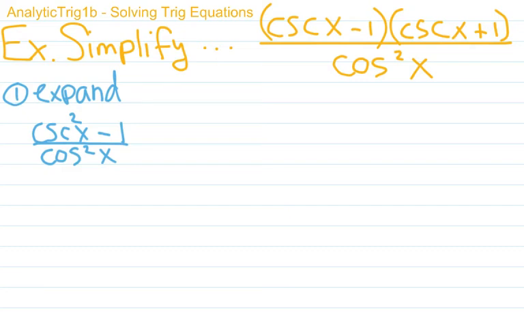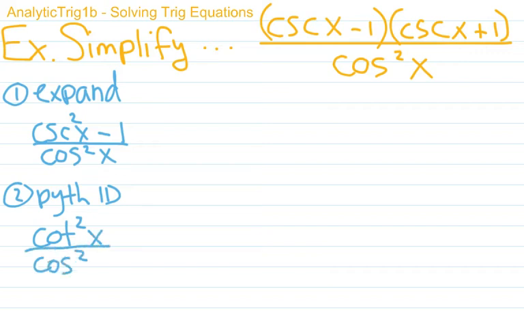So I subtract 1 from both sides, and I get cosecant squared theta, or x, minus 1 equals cotangent squared theta, or x. All right, so number 2, the reason for number 2 is a Pythagorean identity. Cosecant squared x minus 1 is cotangent squared x. And we're going to divide that by cosine squared x still. Not too bad so far.